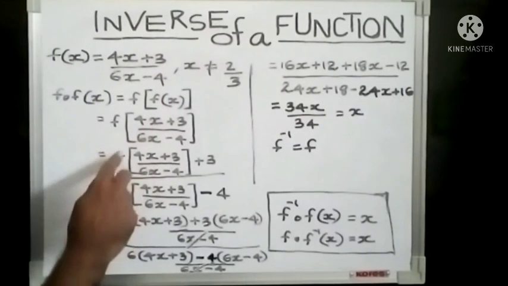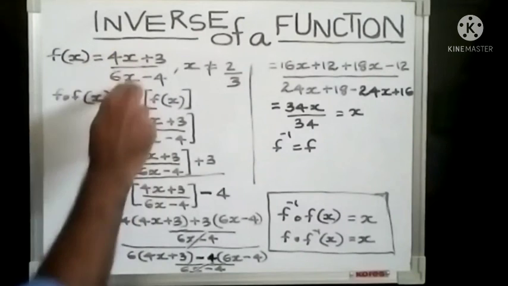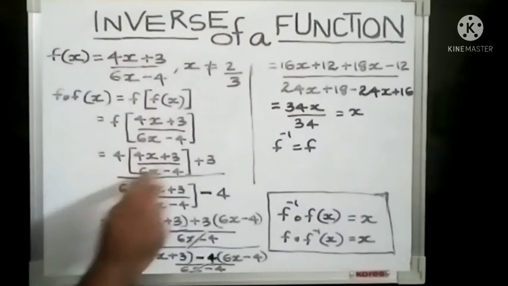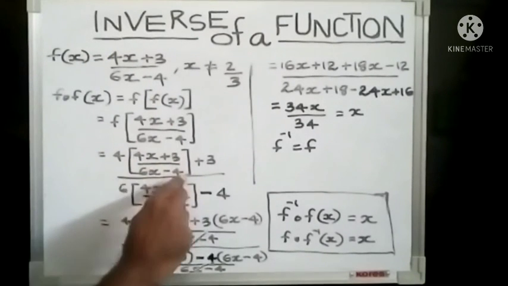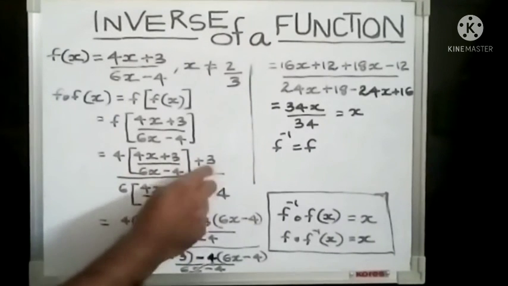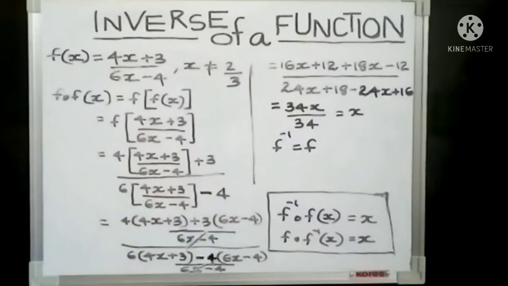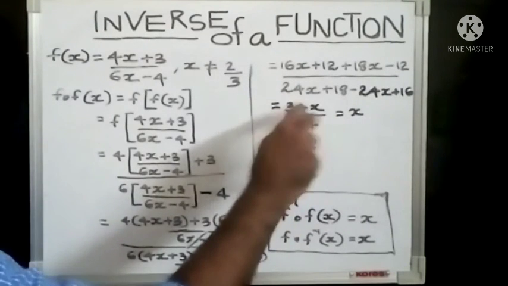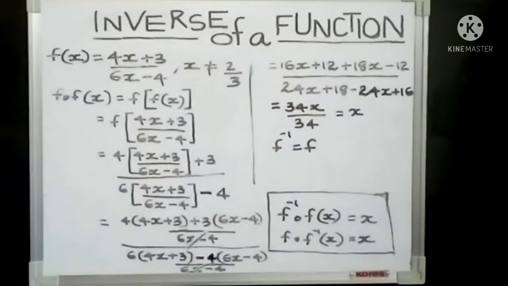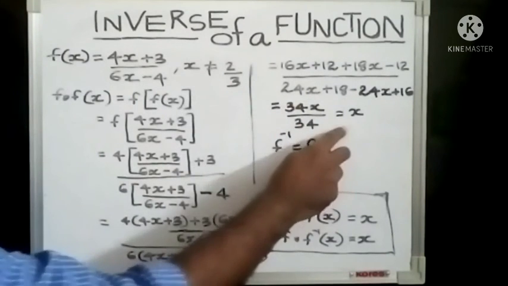Therefore, the answer is 4 into this value in place of x, plus 3, divided by 6 into the value, minus 4. It can be simplified to 34x divided by 34, which equals x.